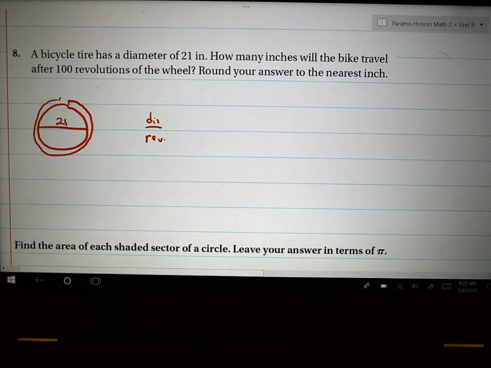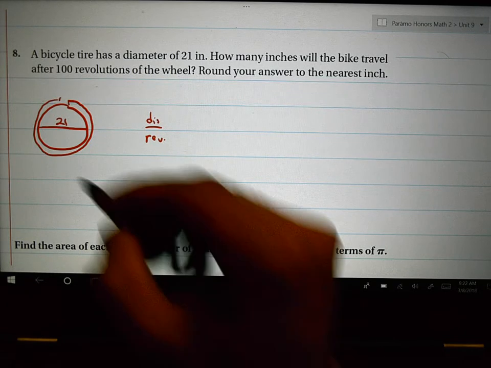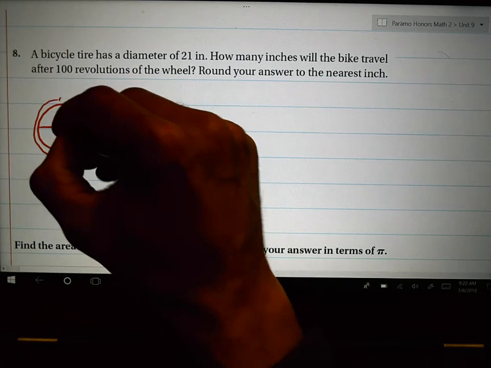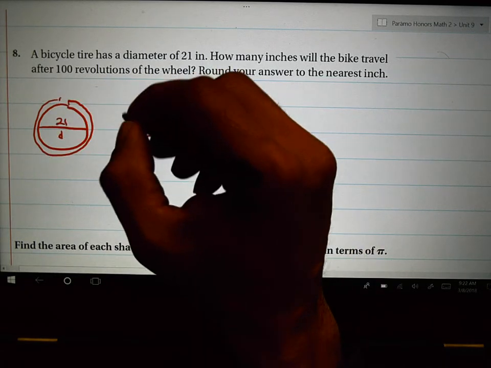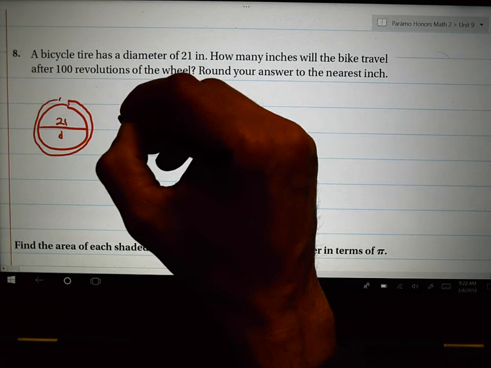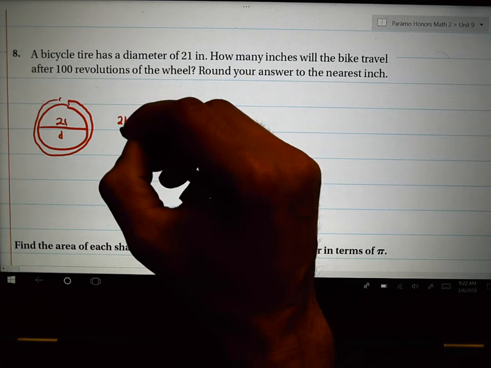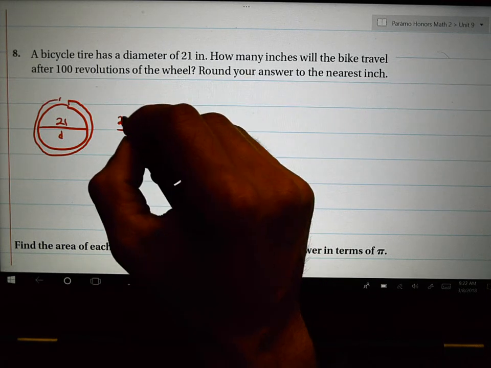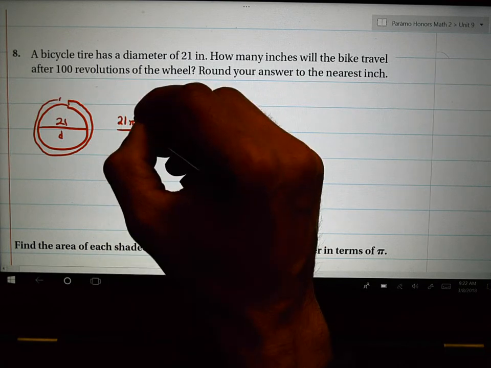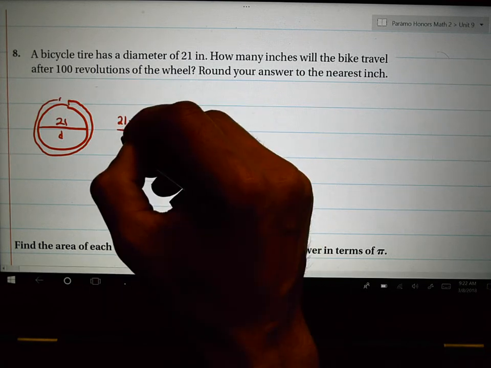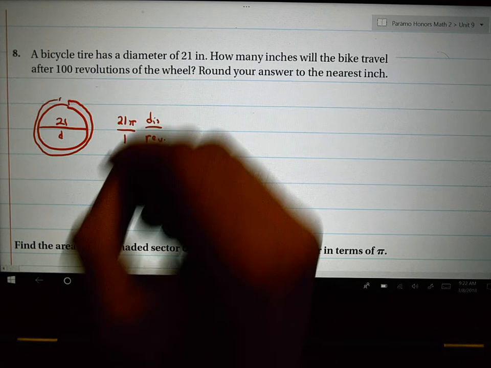That is the circumference. The formula, since I'm given a diameter, I'm going to put a d next to this, is pi times d. So I know that pi times the diameter is the distance for one revolution.